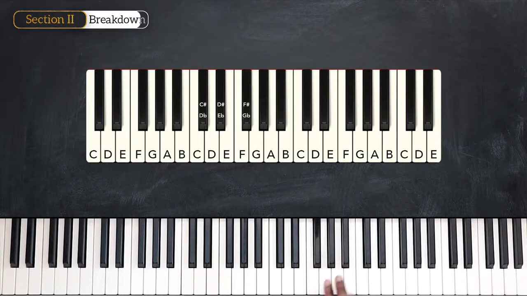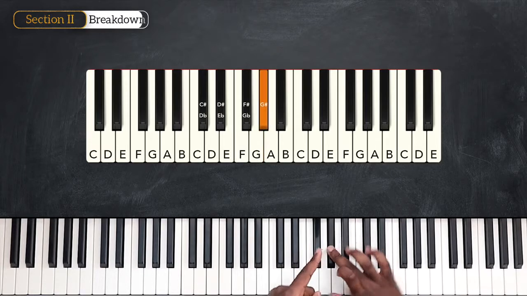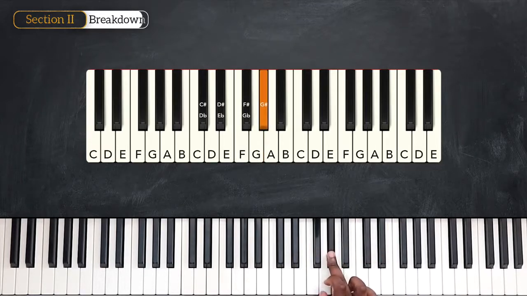Next one, we have that black key, and just under that black key, we have G and we have A. So going up to the right from G, we have G sharp. Going down on the left from A, we have A flat.